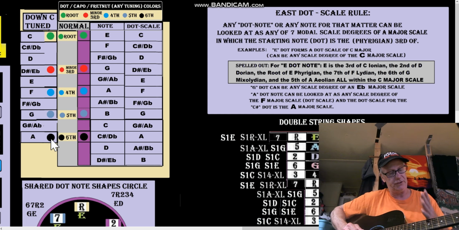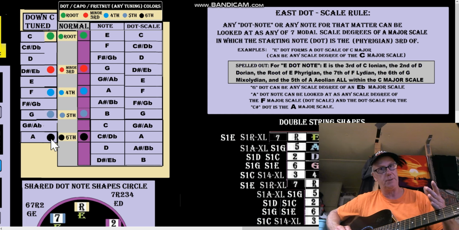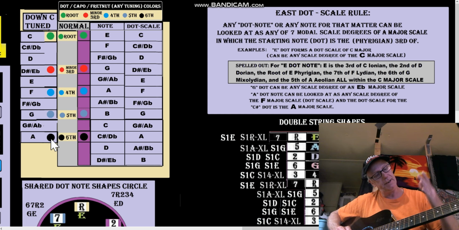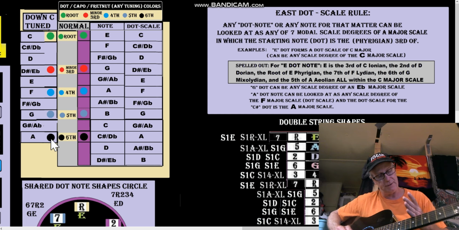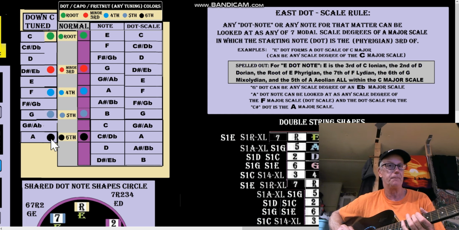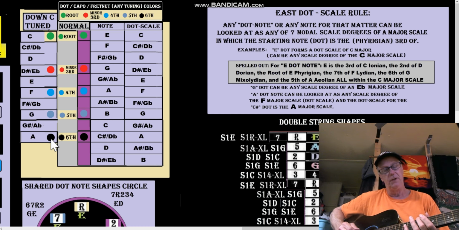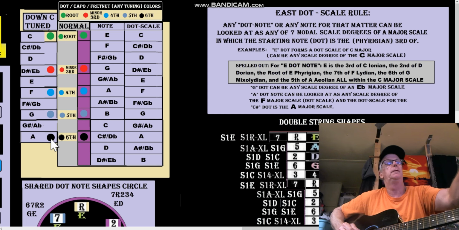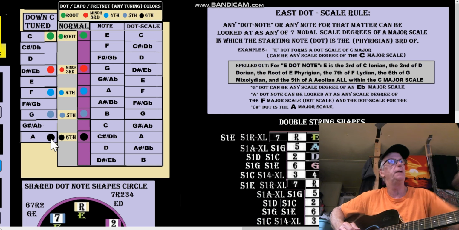It's just a 6th. Here's a minor 3rd. Here's a major 4th. Here's a major 5th. Here's a major 6th. So this is the A. Should be tuned somewhat.